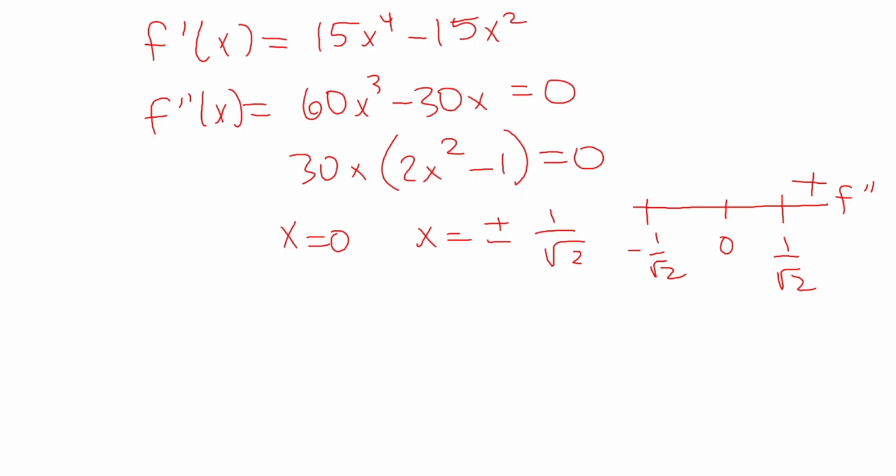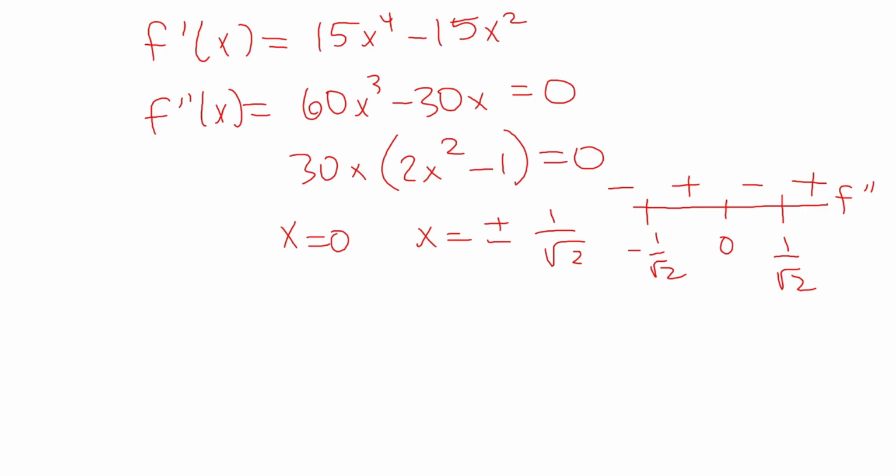It makes 30x positive, but it makes 2x squared minus 1 negative, so we're going to have a negative in there. And then something between -1 over root 2 and 0 still makes the 2x squared minus 1 negative, but now it also makes 30x negative, so that becomes positive. And then anything below -1 over root 2 makes it a negative for the 30x, but a positive for the 2x squared minus 1, and so we have a negative.